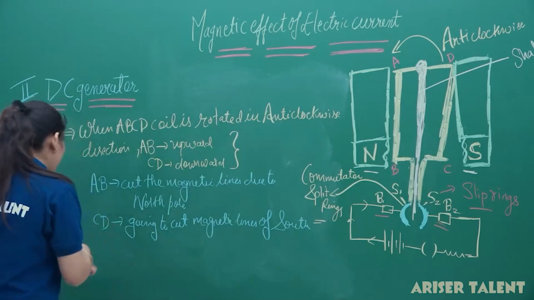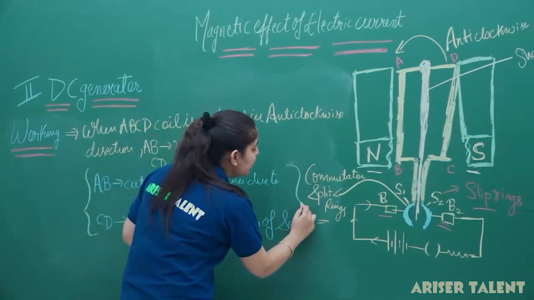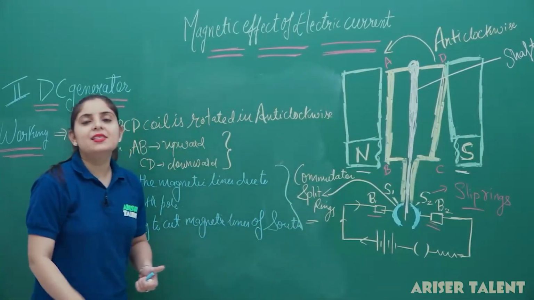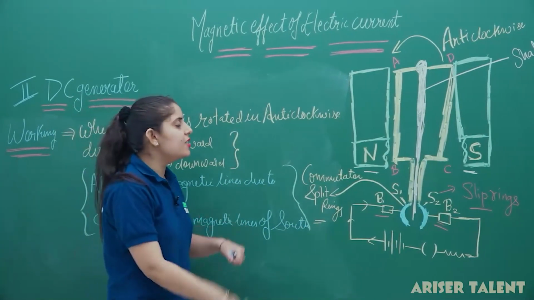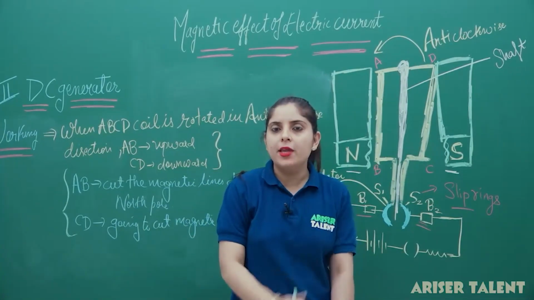So, this is what actually happens here. Both will cut the magnetic field lines. If they cut the magnetic field lines, then there will be a change in the magnetic flux of the coil and there will be an induced current flowing in the coil.